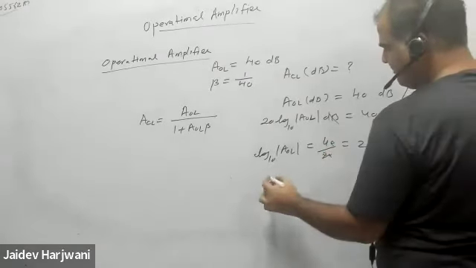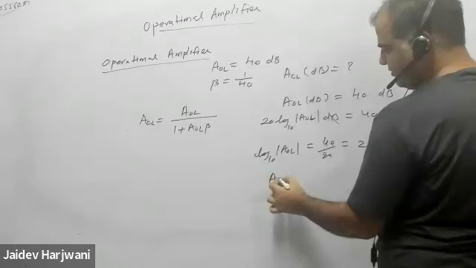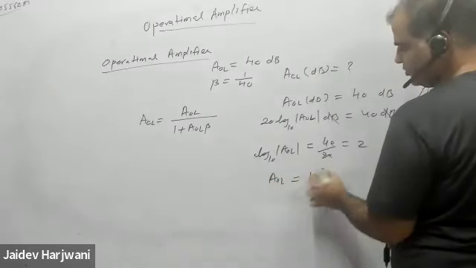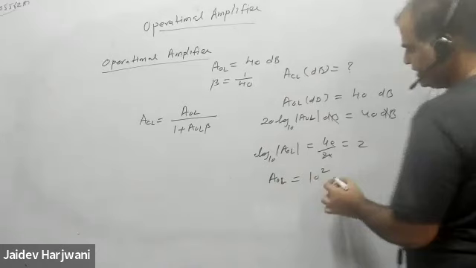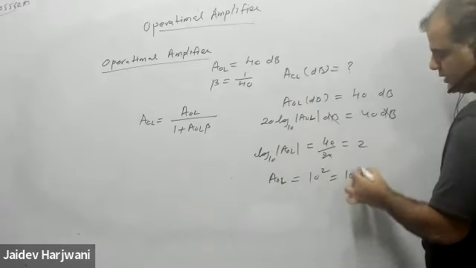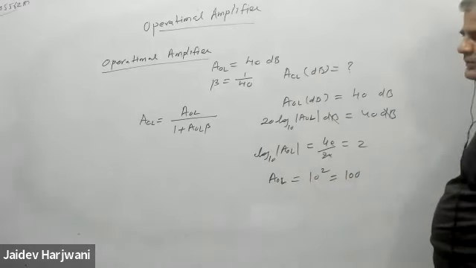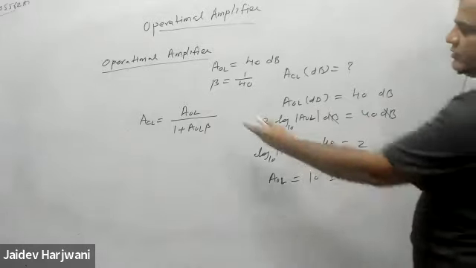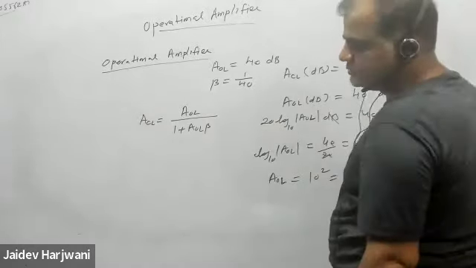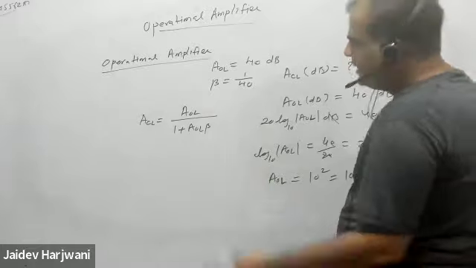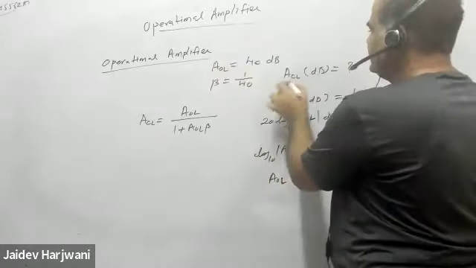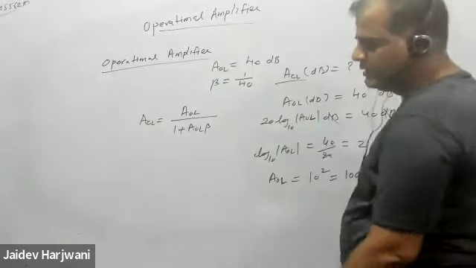And your AOL will be 10 power 2, that is 100. Now this number you can use in this formula and find the closed loop gain as a number. And again you have to convert this closed loop gain to dB.